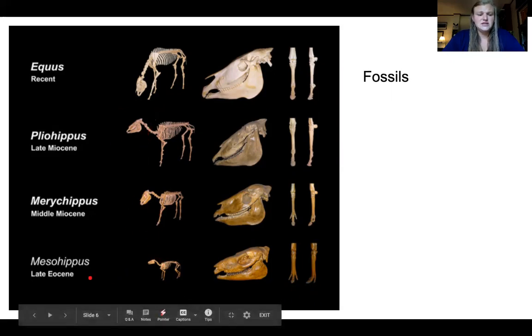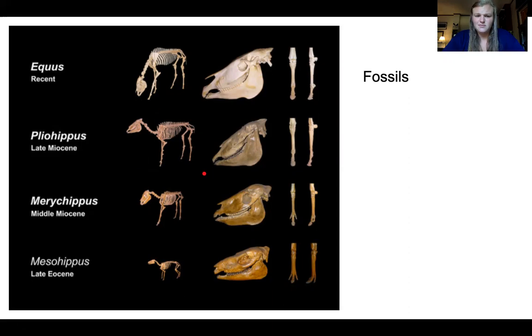And you can see that there are small differences between them. They're very similar, but there are slight differences. And so they're not the same species. That's very clear. But they seem more related than they do unrelated.